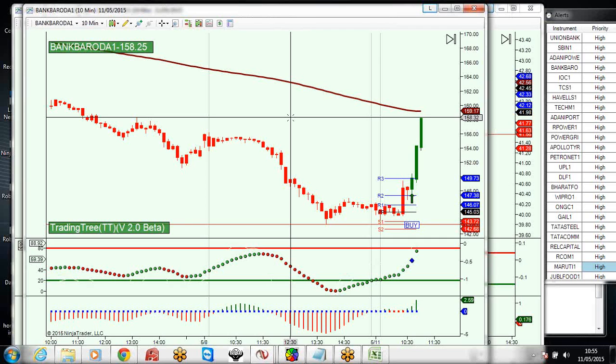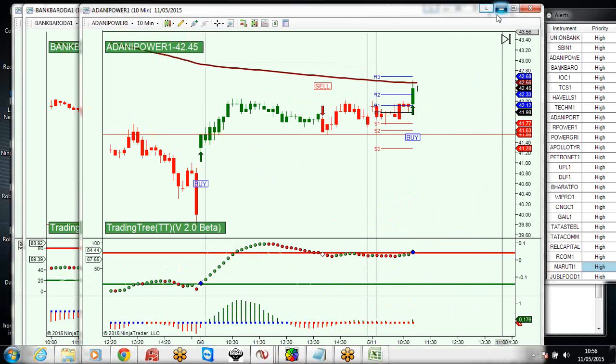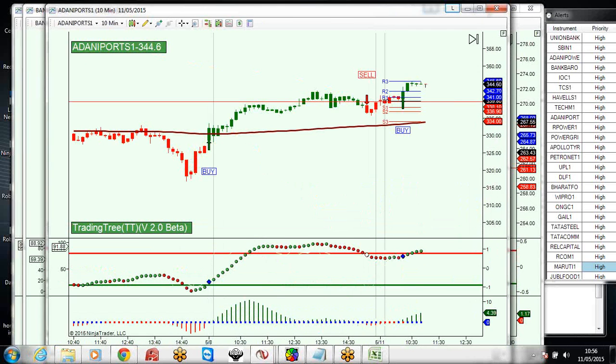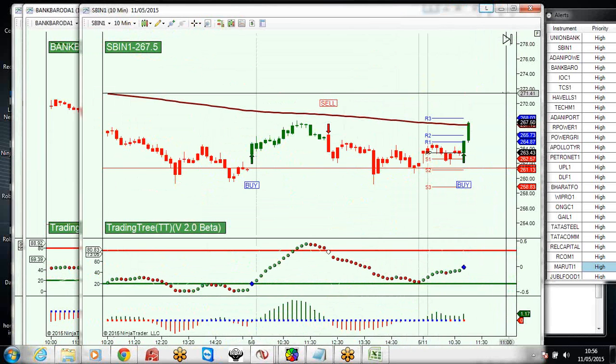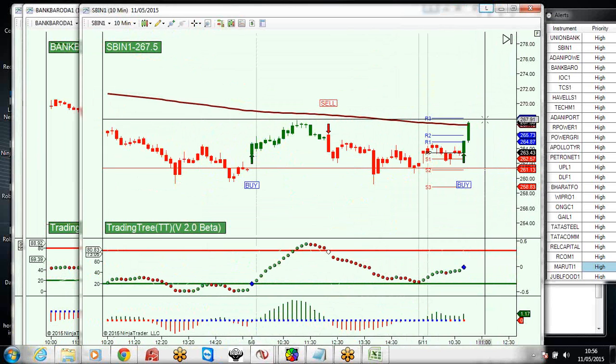So what's your target? 158.32. So SBI, the next target will be R3.